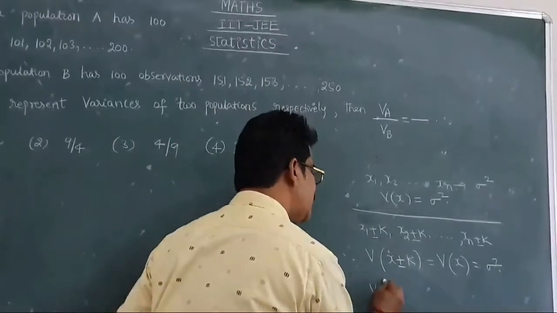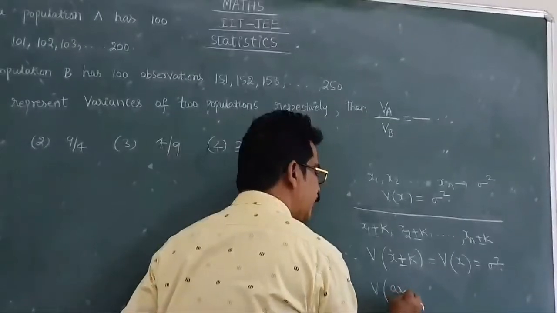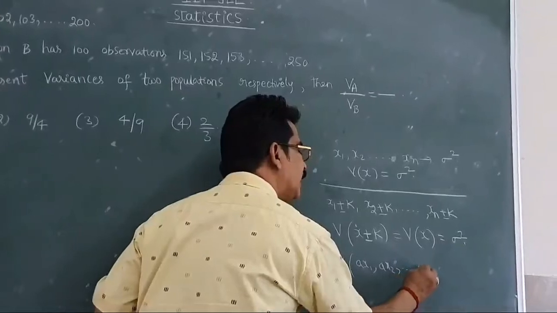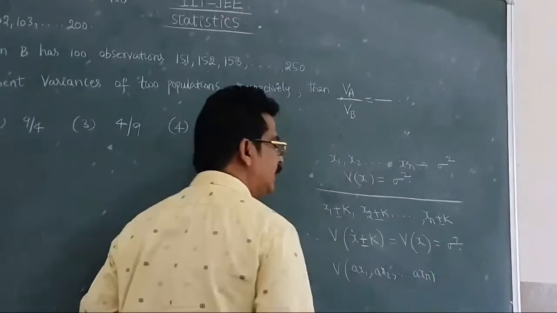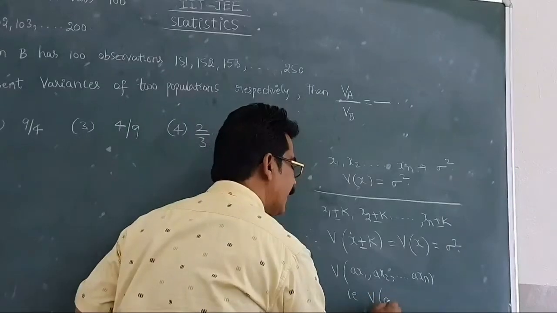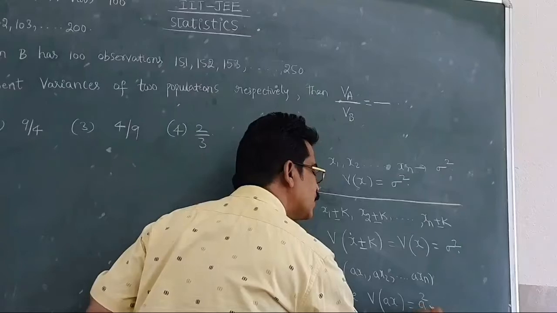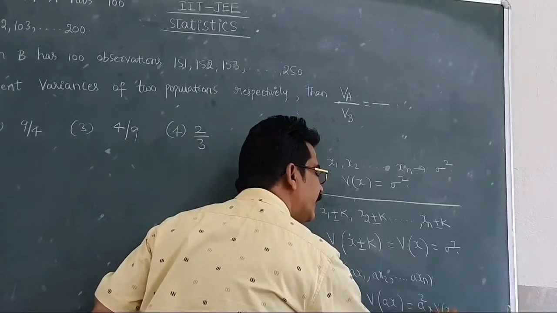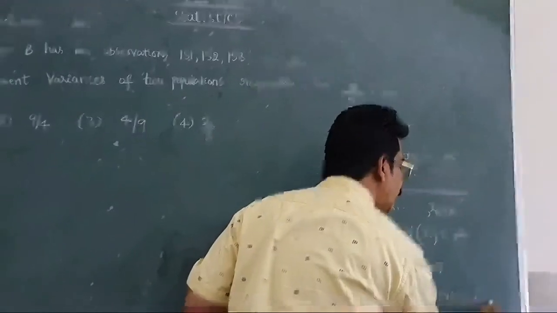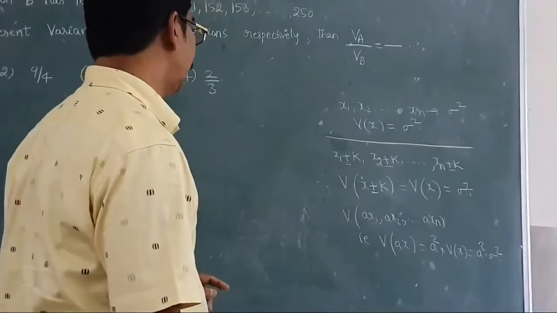Similarly, the variance of multiplication, for example, ax1, ax2, and so on, axn. The simple representation is variance of ax is equal to a square into variance of x, or a square into sigma square.